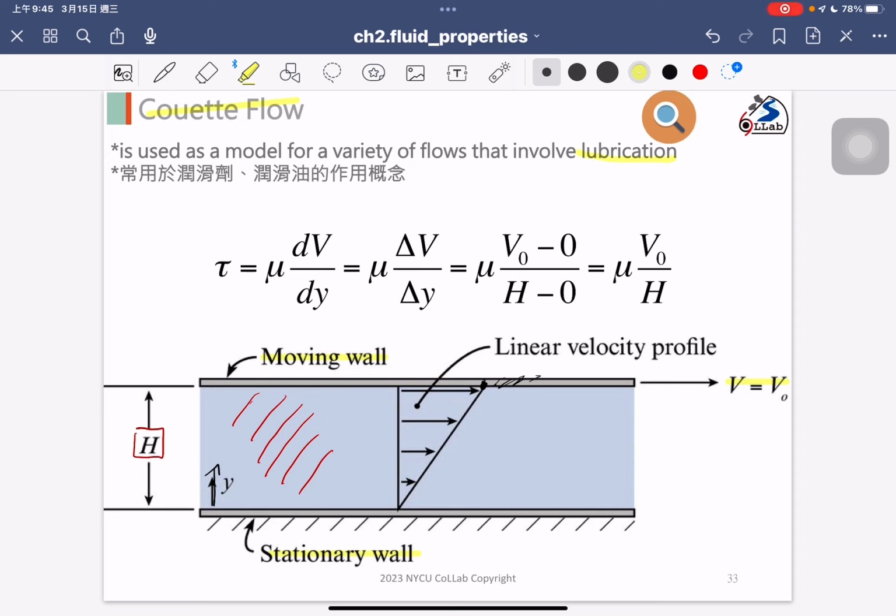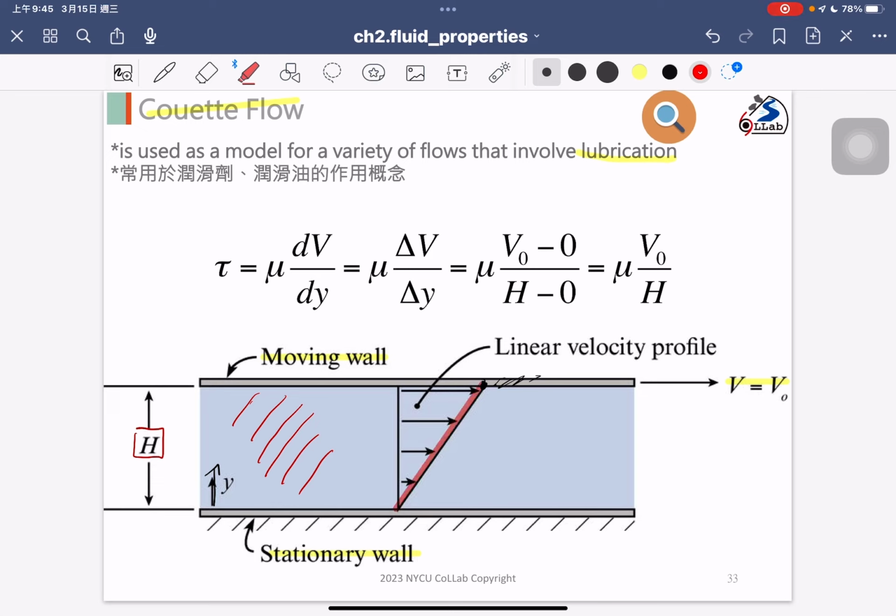Lubrication is very important in our life. Sometimes we will add some lubrication material, and it can help particles move quickly. Okay, but what I would like to emphasize is that this is a special case of the viscosity equation, because as you can figure out, we can see the constant.